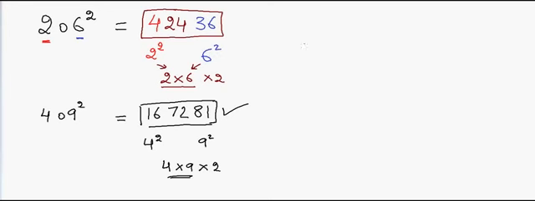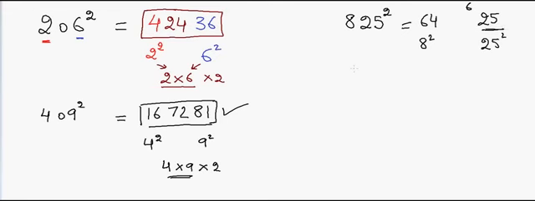Now, if we have something bigger, I will give you an example of a carryover. Suppose I have 825 and I want to do a square of this number. This will be a little different, but the approach will be the same. So 8 square is 64, and then 25 square is 625, right? So we'll write 25, and then we have to write a 6 here, because we can only use the two digits in the end.